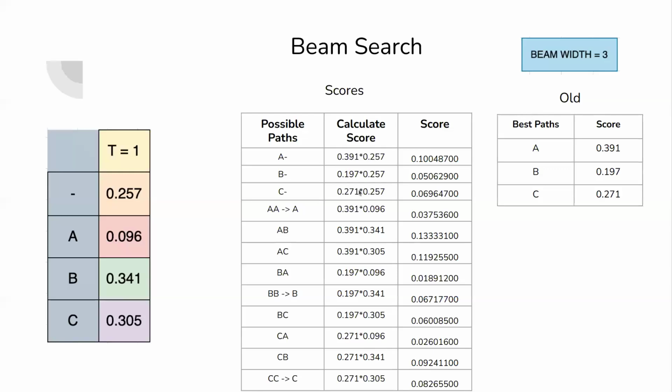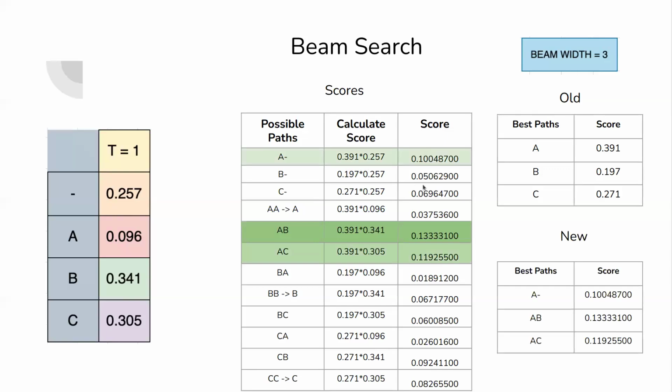We calculate the new sequence score, which is the score we have times the probability of having that token as the next token in our sequence. Once we calculate that, we choose again the top 3, which are A extension, AB, and AC.